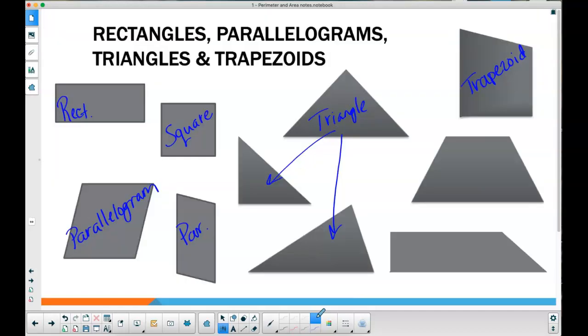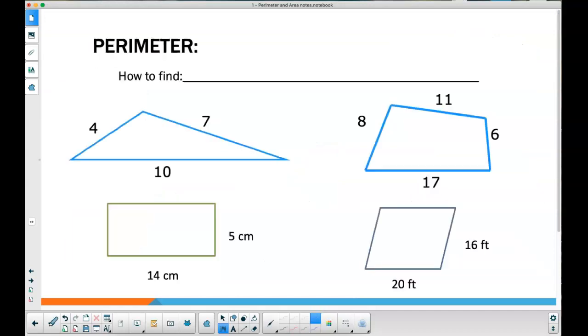A trapezoid has to only have one set of parallel sides, and the other sides are not parallel. So maybe a good thing that I put this on there to remind you what these shapes look like. So we've got a rectangle, square, parallelograms, triangles, and trapezoids. All right. So we're going to talk about perimeter first.